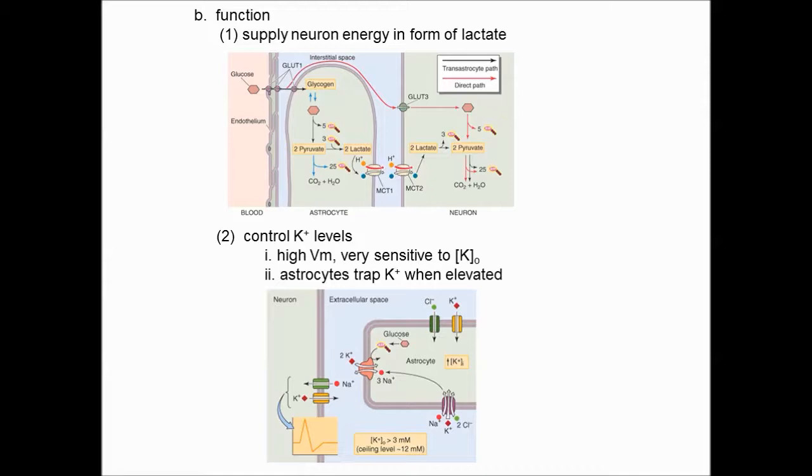The muscles and a lot of other tissues are well supplied by breaking down glycogen. Well, the brain has almost no glycogen, and all the glycogen it has is in the astrocytes. So glucose, when it's present in the brain, which is almost always, goes right into neurons through a special transporter and takes care of the neuron's energy supply.